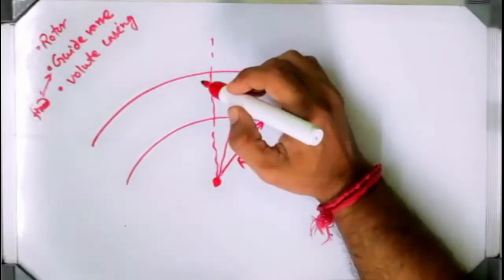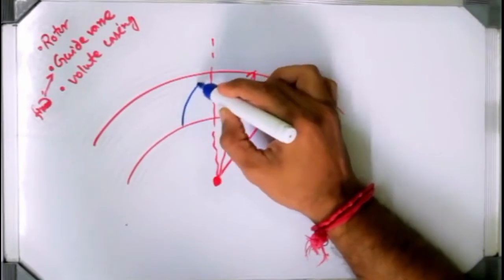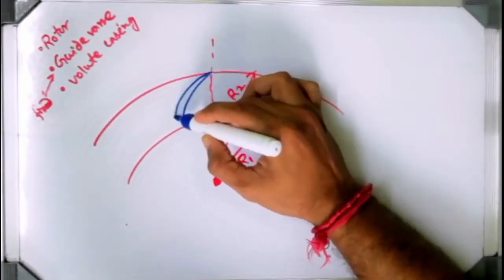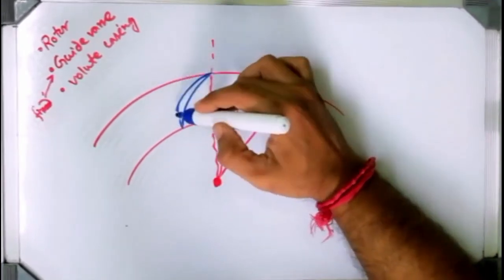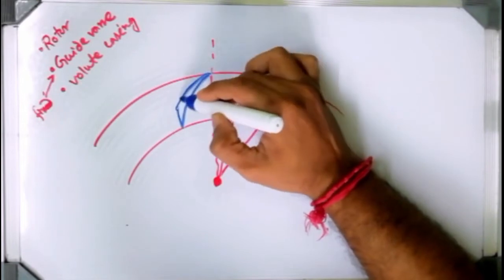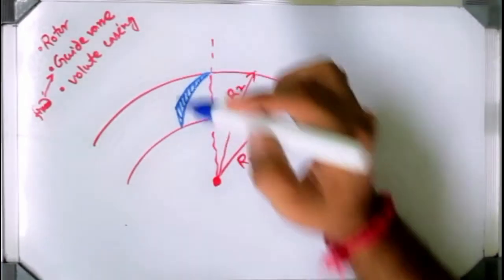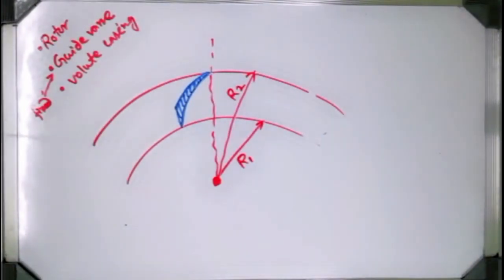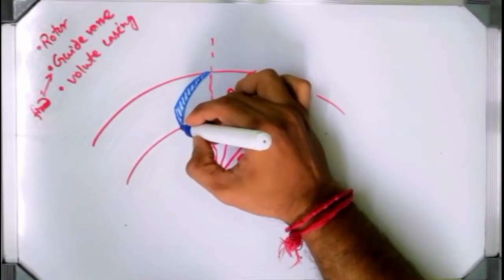Now suppose I draw one blade over here, a kind of blade geometry like this. Okay, this is a kind of cross section of an impeller blade. Only one blade I am drawing, just to show you how the velocity diagram will look.